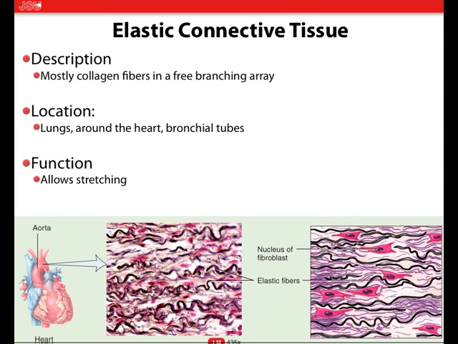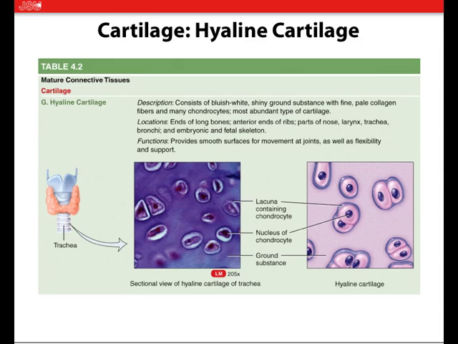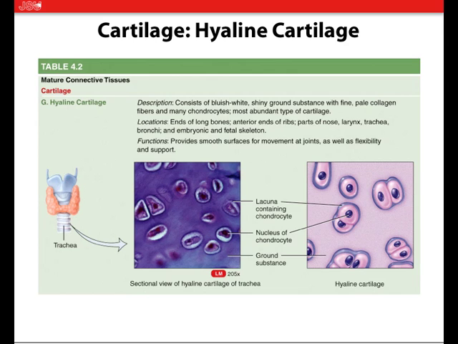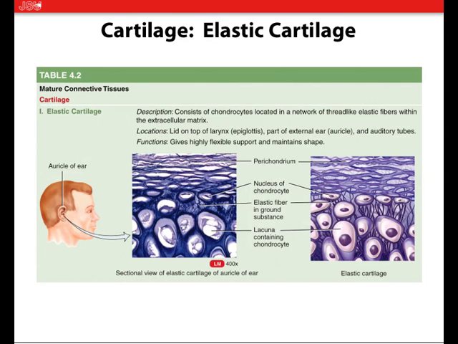Elastic, it stretches. Has those elastic fibers. Those are like those phone cords. They're going to stretch out. If you remember telephone cords, they're going to stretch out, and then they're going to pull back in. Cartilage, just know that I'm more concerned about the hyaline cartilage. Know hyaline cartilage, and just cartilage is a connective tissue. What happens when you add minerals to cartilage?